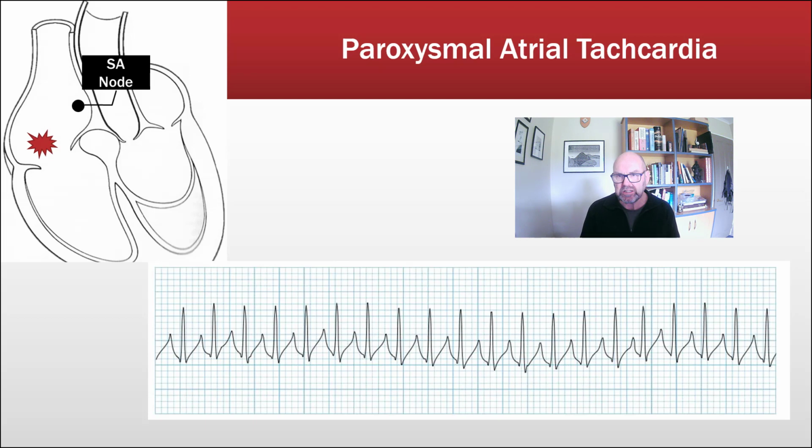Now, there are two types of atrial tachycardia, and we've previously discussed one of them, which is the multifocal atrial tachycardia. That's the one which is characterized by those multiple pacemaker sites, which are producing a variation in the P wave morphology and the PR interval all throughout the rhythm strip.